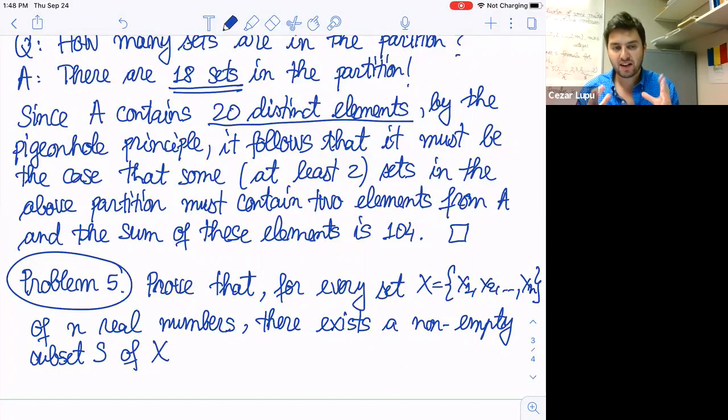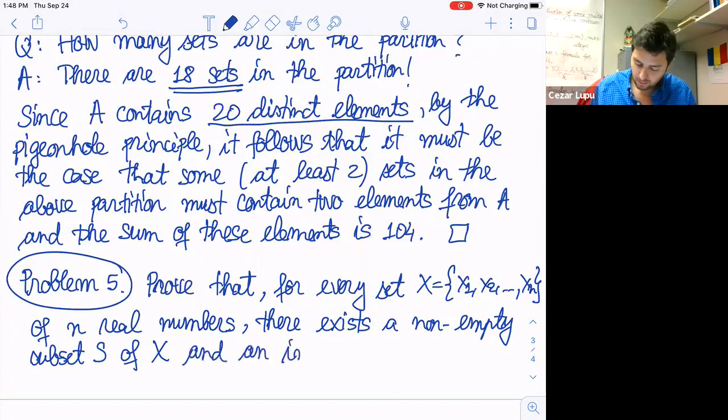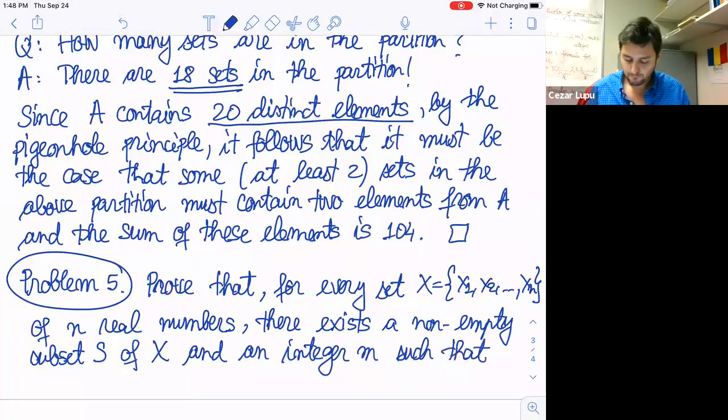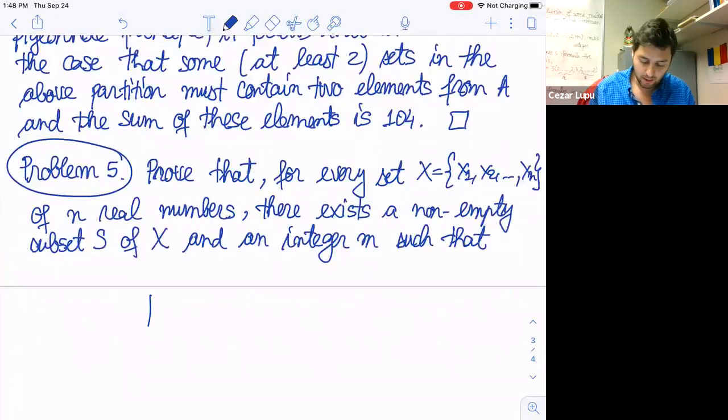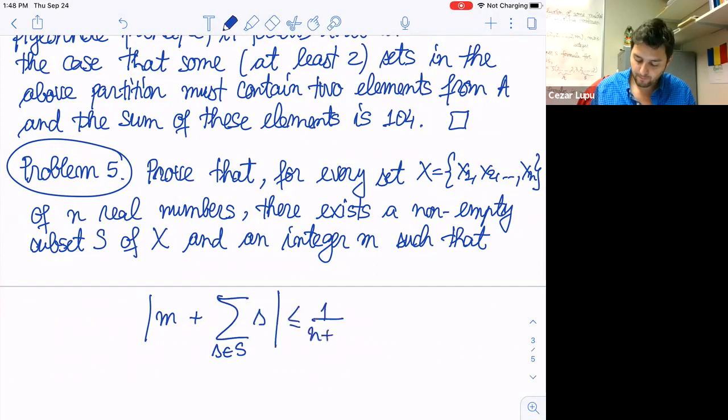It doesn't give you too many details. So you have to find a subset S of X and an integer M such that we have the following inequality: M plus the sum of all these elements s in S is less than or equal to 1 over n plus 1.